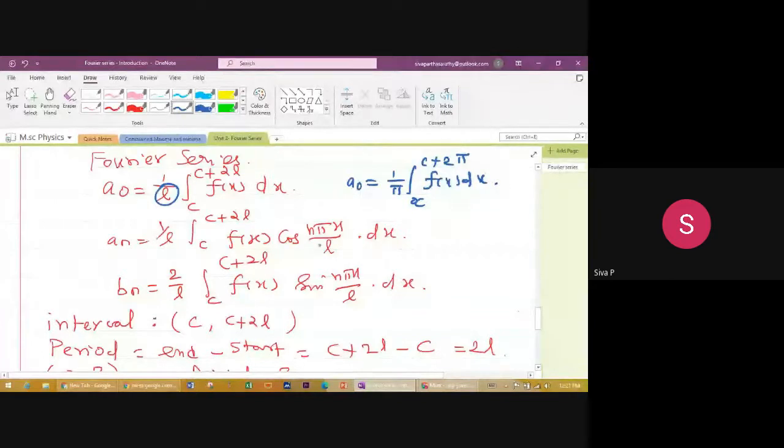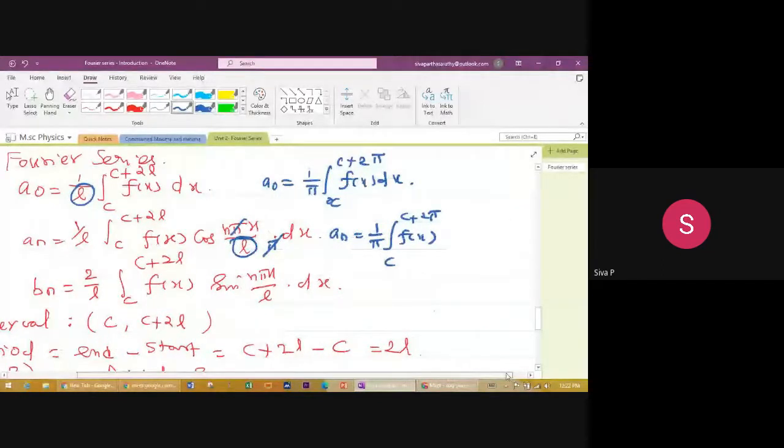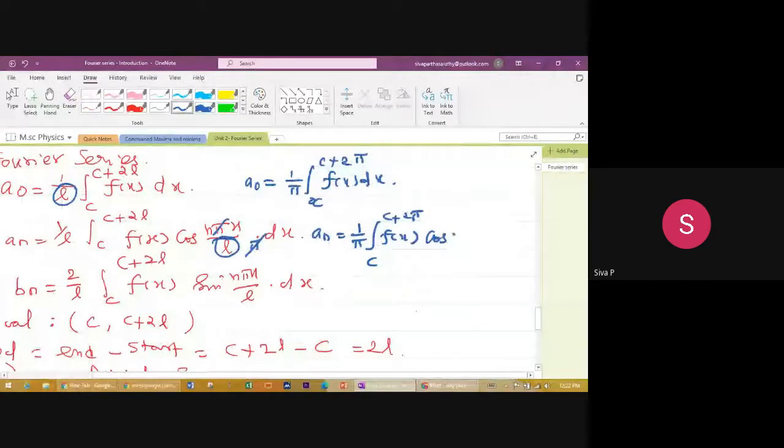If you substitute L equal to pi, that pi gets cancelled. Then an equal to 1 by pi integral over c to c plus 2 pi f of x cos nx dx. Here also you have to substitute L equal to pi.